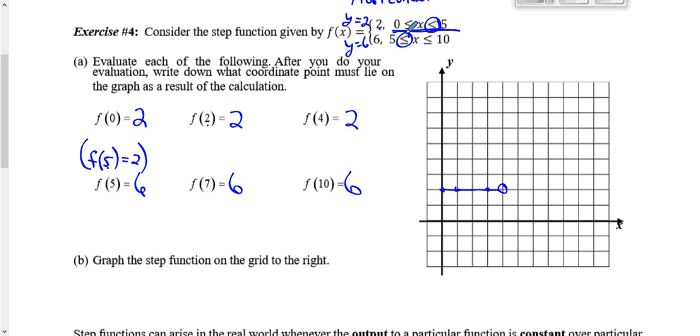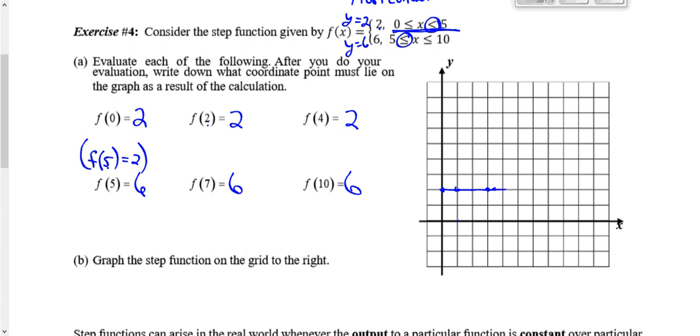So 5, 6. Closed circle, yeah? Right? Now let's go right out to f of 10. What is f of 10? 1, 2, 3, 4... Well, I got this wrong. Wait a minute. I miscounted. Hang on. 1, 2, 3, 4, 5.